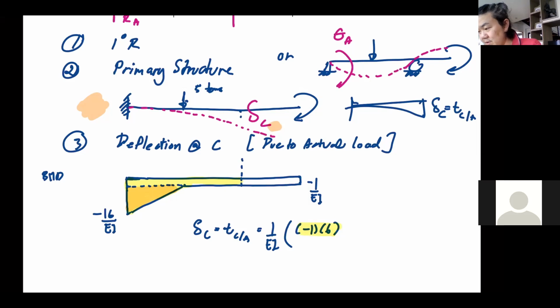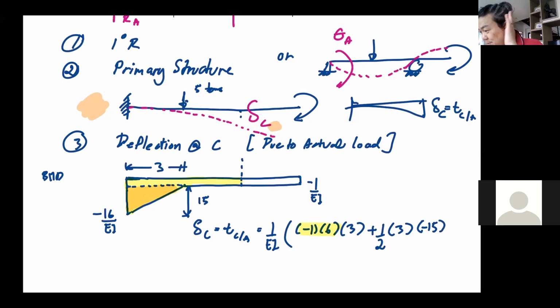And we take moment with respect to C. So the moment arm is 3. And then the area of the triangle, it's a half of that length, I believe, is 3. And this height now is 15, right? So it's 15 minus 15.